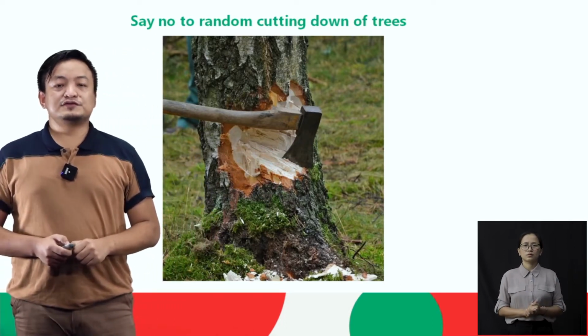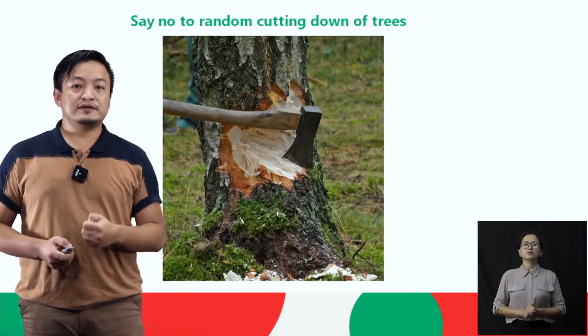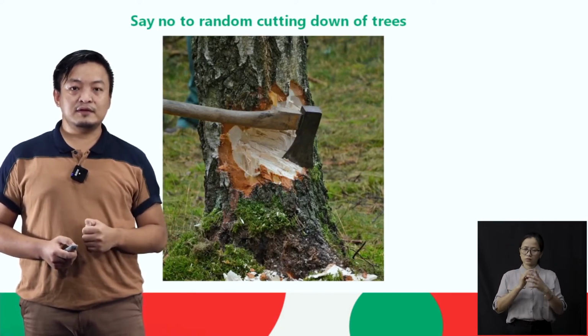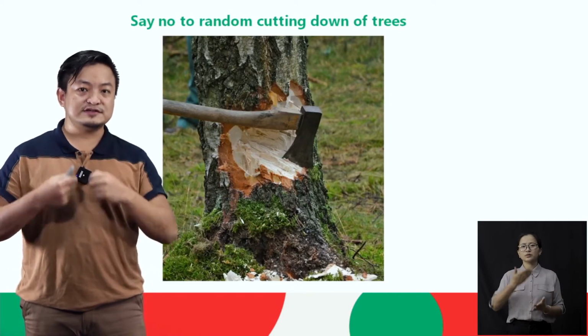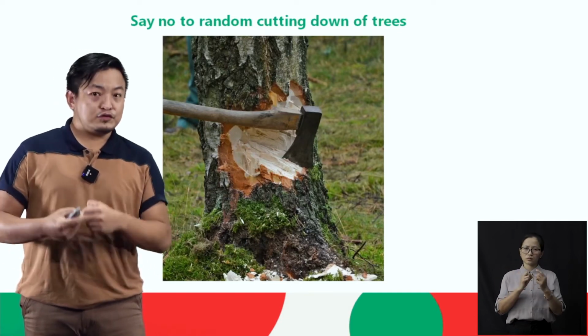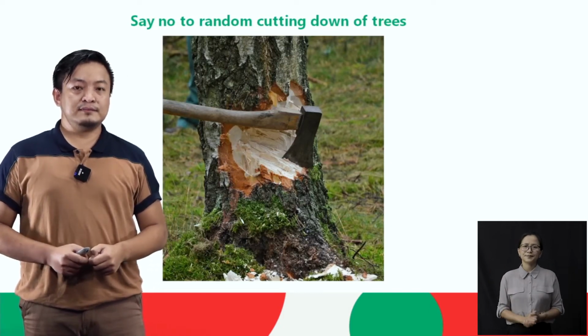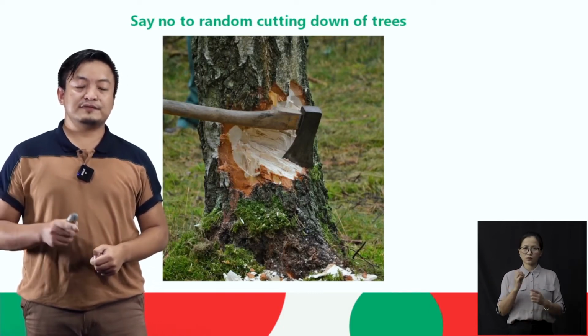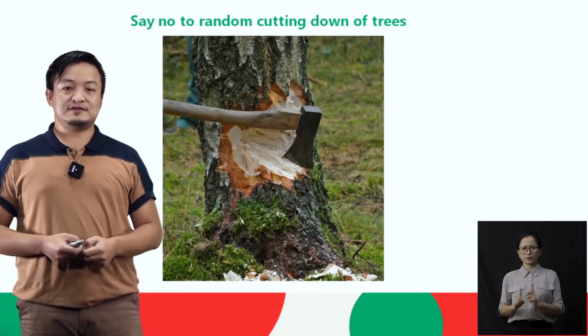Now students, we humans breathe oxygen, right? We need to breathe in oxygen. And do you know where this oxygen comes from? This oxygen comes from the plants, the trees.